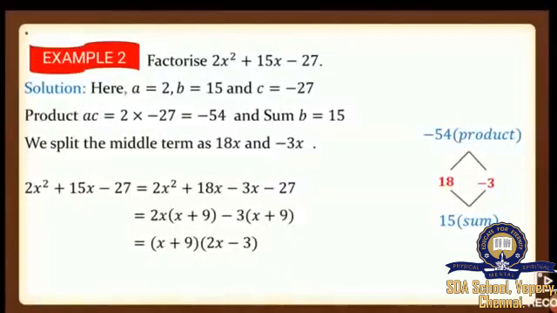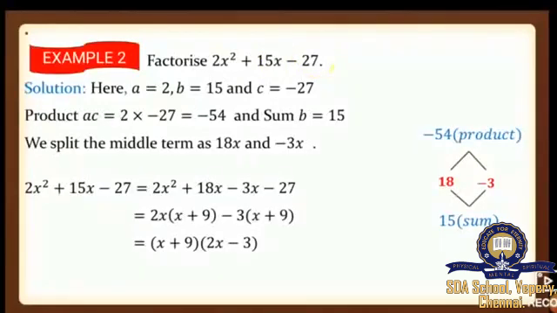Factorize 2x square plus 15x minus 27. So I have given the same question as before, wherein the sign only differs. This is for you to understand in a better way. So the given question is of the form ax square plus bx plus c. Here a equals 2, b equals 15 and c is minus 27.